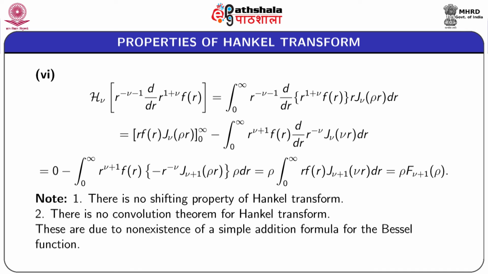Next is the sixth property, that is the Hankel transform of r to the power minus nu minus 1 d/dr of r to the power 1 plus nu f(r). This is equal to integral from 0 to infinity r to the power minus nu minus 1 d/dr of r to the power 1 plus nu f(r) r J_nu(rho r) dr, by using the definition of Hankel transform. Again we integrate this by parts and we obtain this expression.